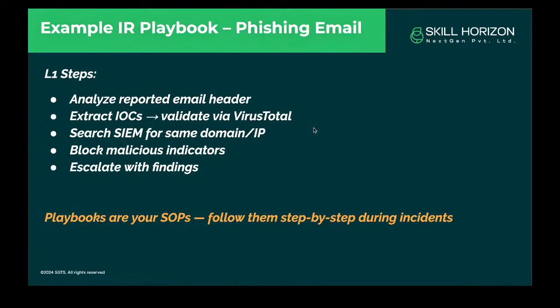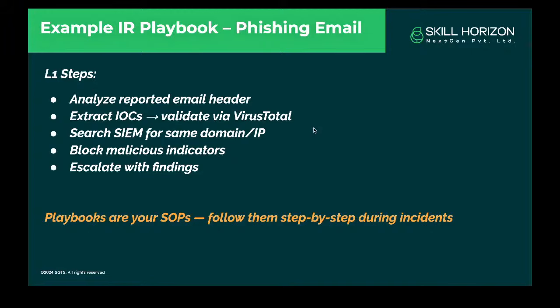Now let's take an example of an incident response playbook. Suppose you are dealing with a phishing email. You got an alert that a phishing email was detected in your organization. What will L1 do? L1 will analyze the email headers.